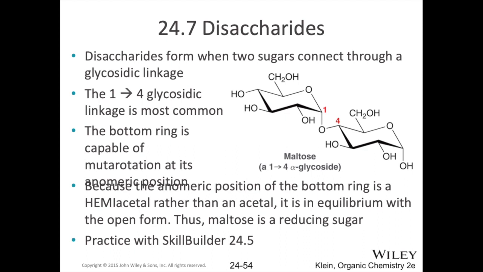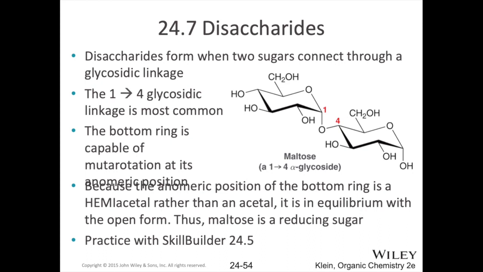Okay, so far we've been talking about monosaccharides, but I've mentioned that monosaccharides are essentially monomers. We can link together monosaccharides to form chains of these sugars, basically disaccharides and polysaccharides and so on. So a disaccharide is when 2 monosaccharides connect together, and they connect together through a glycosidic linkage.